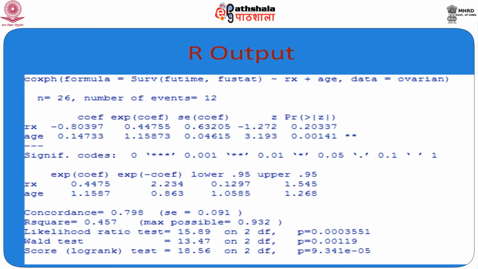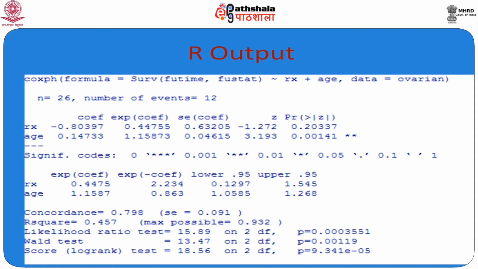Not only that, the standard error of coefficients in addition to the exponential of coefficients can give us a 95% confidence interval, but the line below also gives the lower 0.95 and upper 0.95 confidence intervals for both factors Rx and age. For Rx the lower confidence interval is 0.1297 with upper confidence interval 1.545, and for age the confidence interval of this estimate, with 1.15, is 1.05 to 1.26.